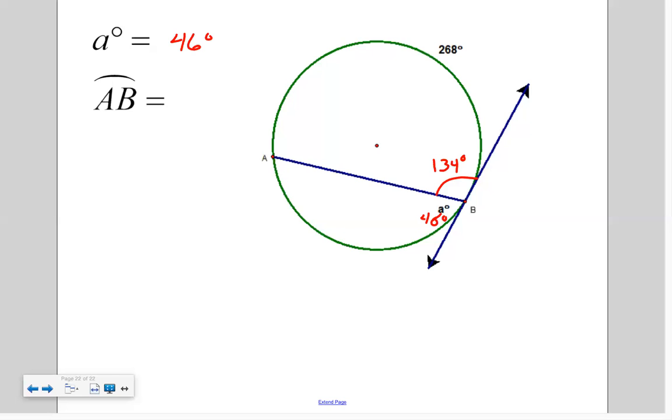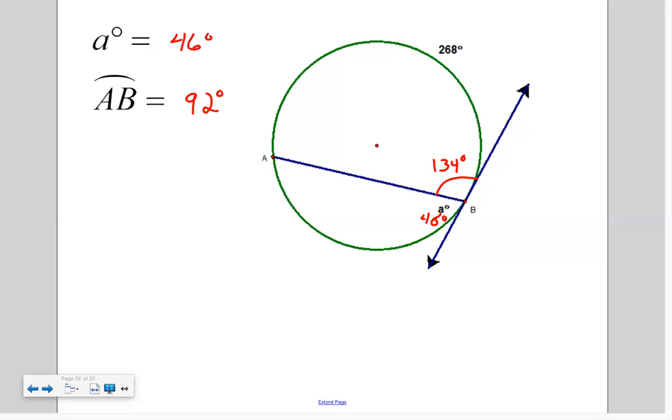Probably the easiest way is just do 360 minus 268. Is that 92 degrees? Yeah, 92 degrees.